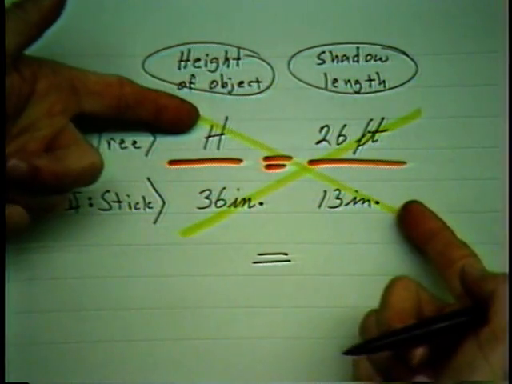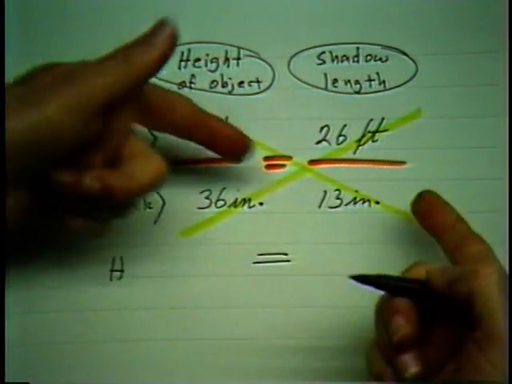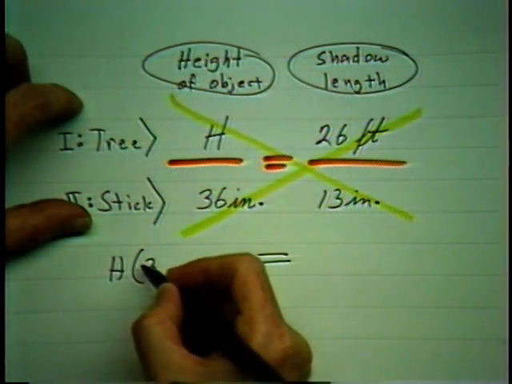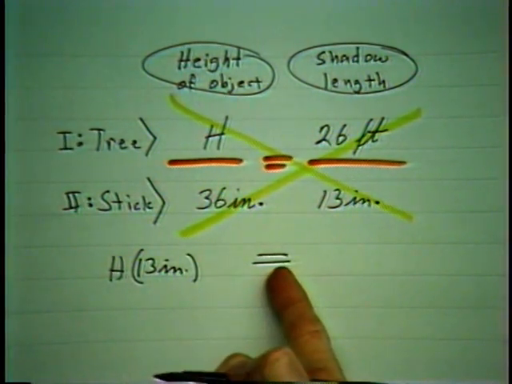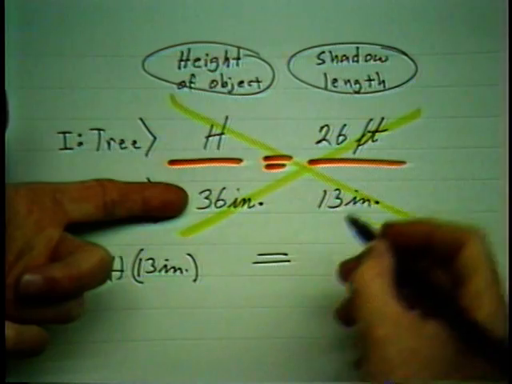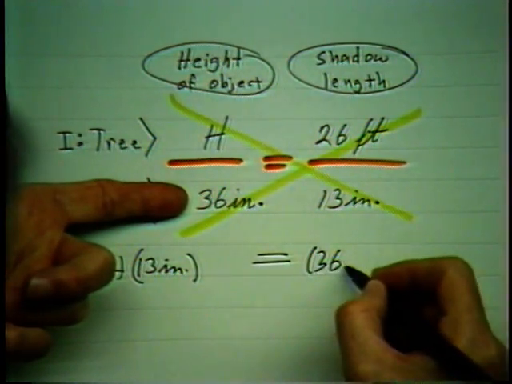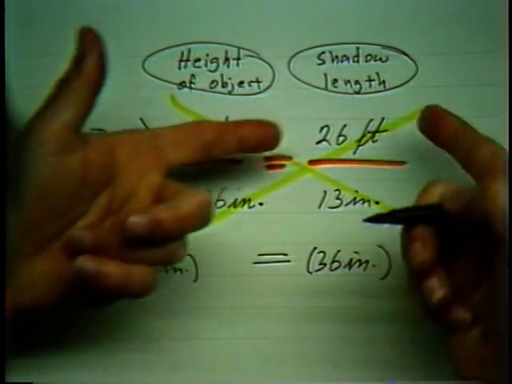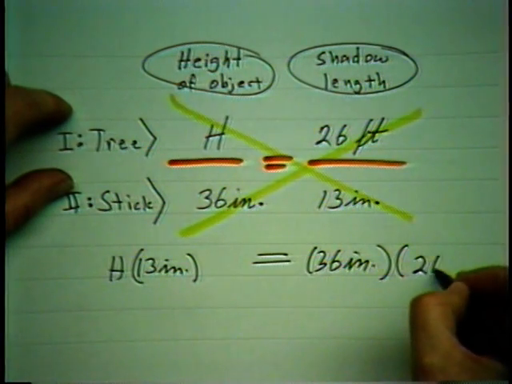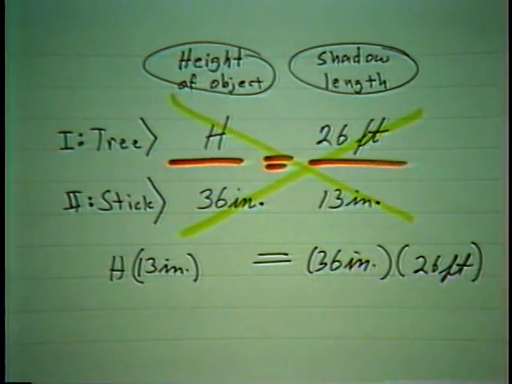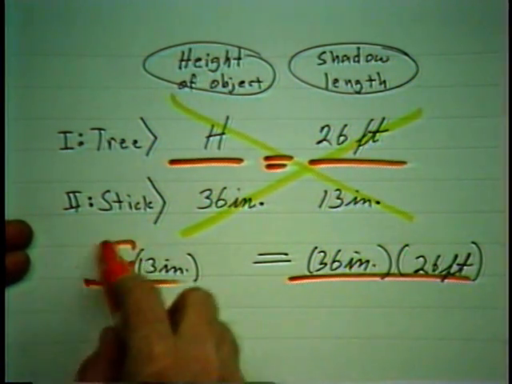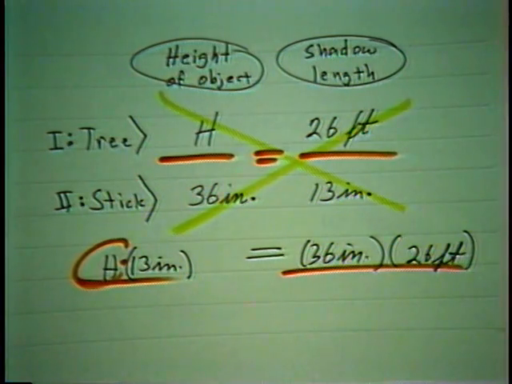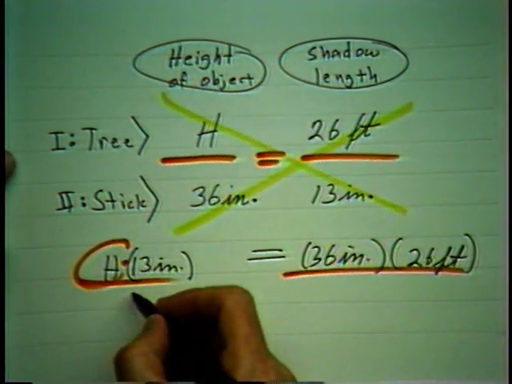So this is h times 13 inches, set equal to 36 inches times 26 feet. Next, divide both sides by the multiplier of the unknown, which is not 13, but 13 inches.